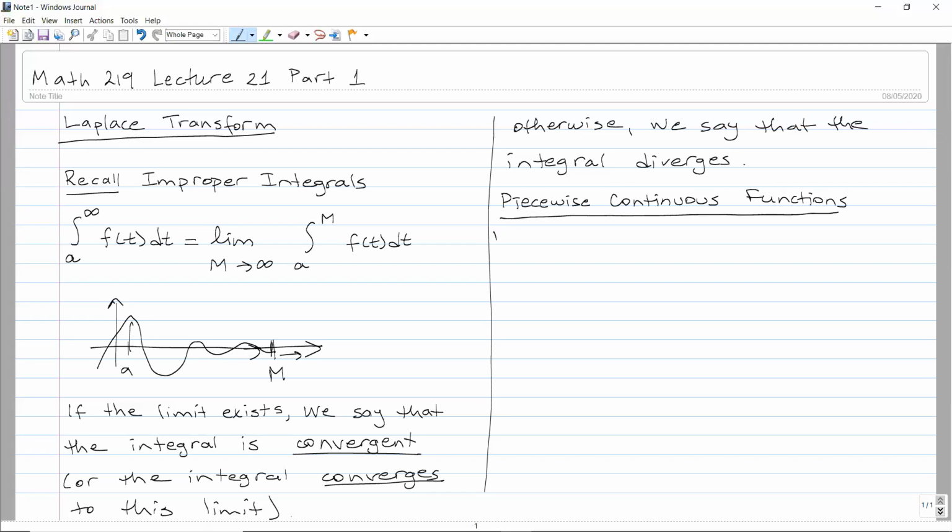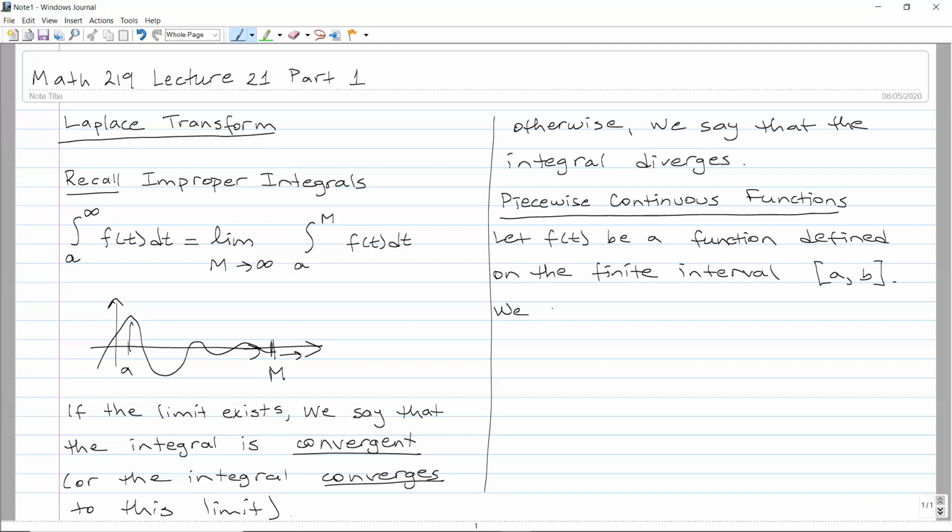Let f of t be a function defined on the finite interval [A, B]. First, we talk about piecewise continuous functions on finite intervals.